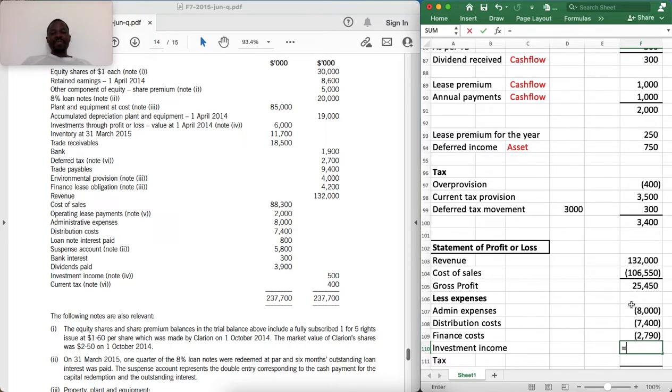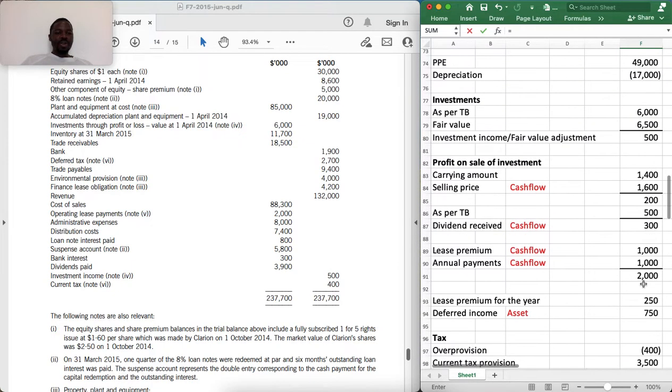Then now our investment income. Our investment income as per the trial balance, we have this 500. But this 500, we talked about it here. That is made up of 200, which is the profit on the sale of the investment, plus the dividend received.